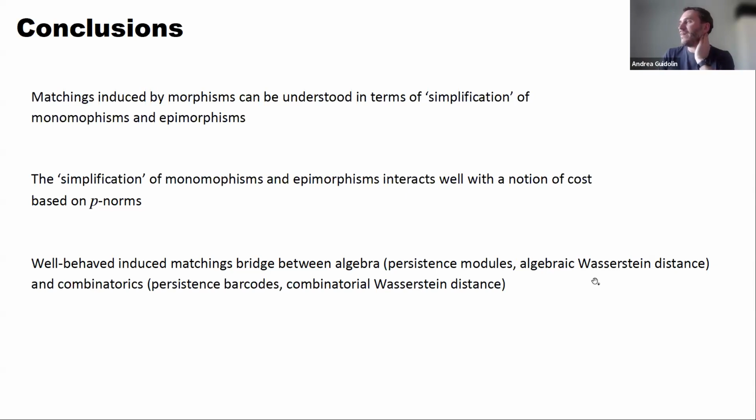It could be very much non-trivial to compute such a distance defined on the minimization of costs of pairs of morphisms. But once we know that we can replace the morphisms with matchings, suddenly this definition becomes computational. So matchings are this bridge between algebra and combinatorics.